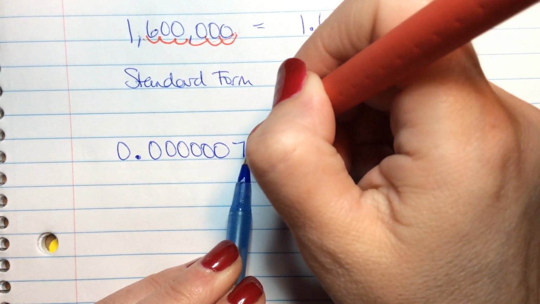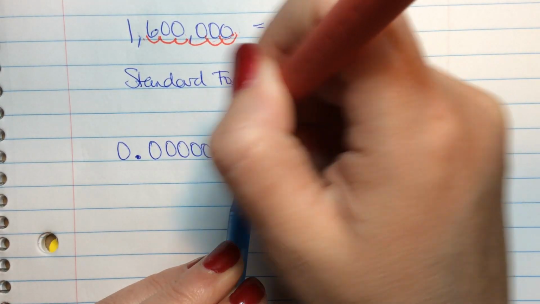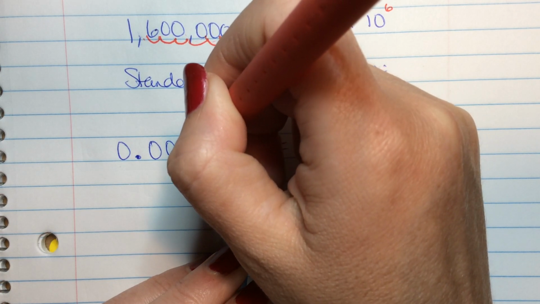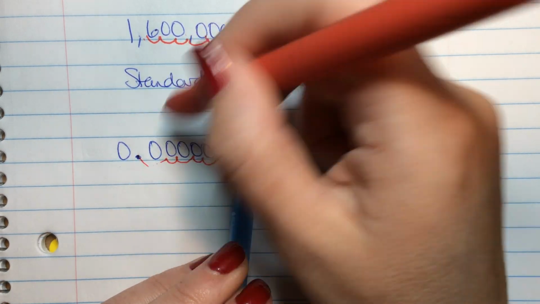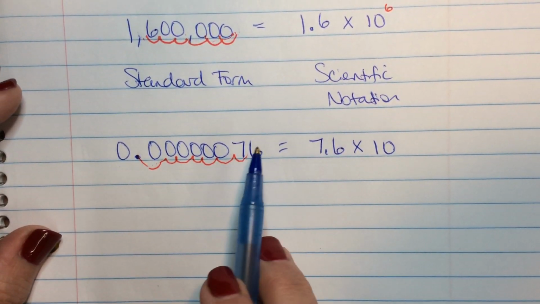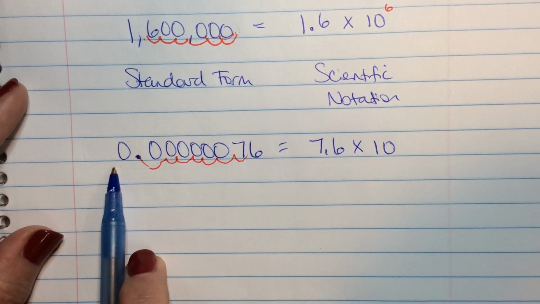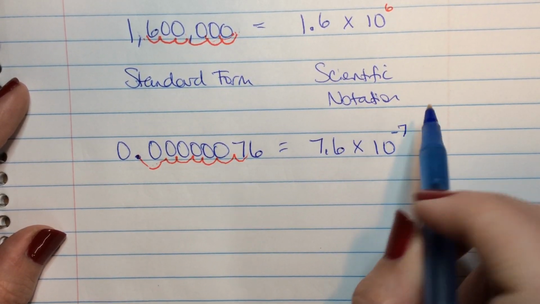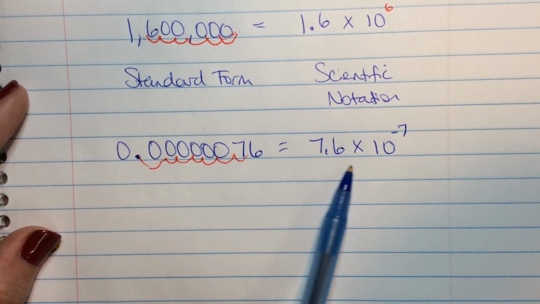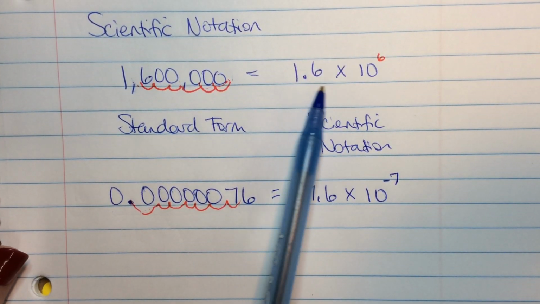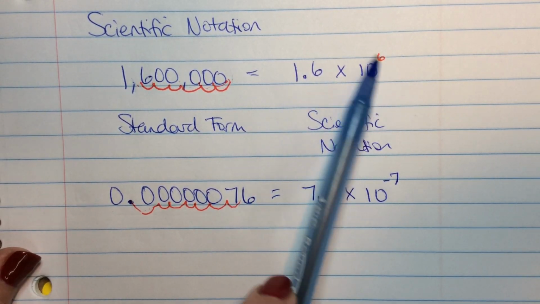So I'm going to see how many times I have to hop backwards to get to the other decimal. 1, 2, 3, 4, 5, 6, 7. So it took me 7 hops. Now notice this time I was going to the left. So this one would be -7. And that shows that it's a really small number, and the positive exponent shows that it's a really big number.